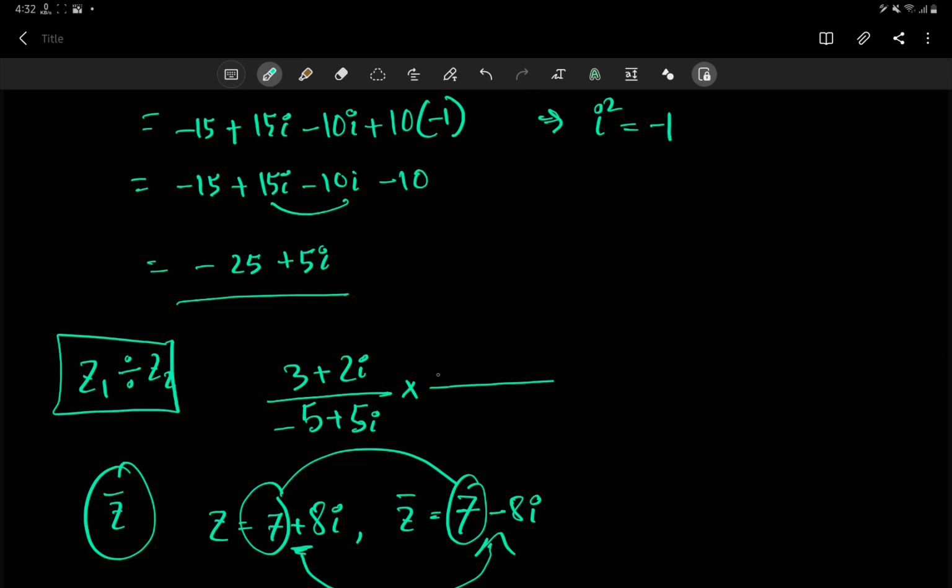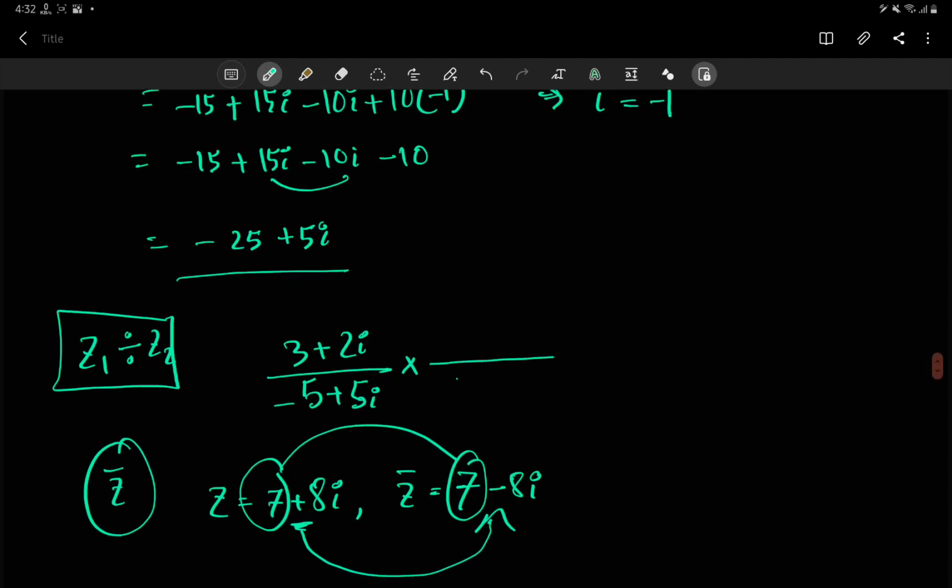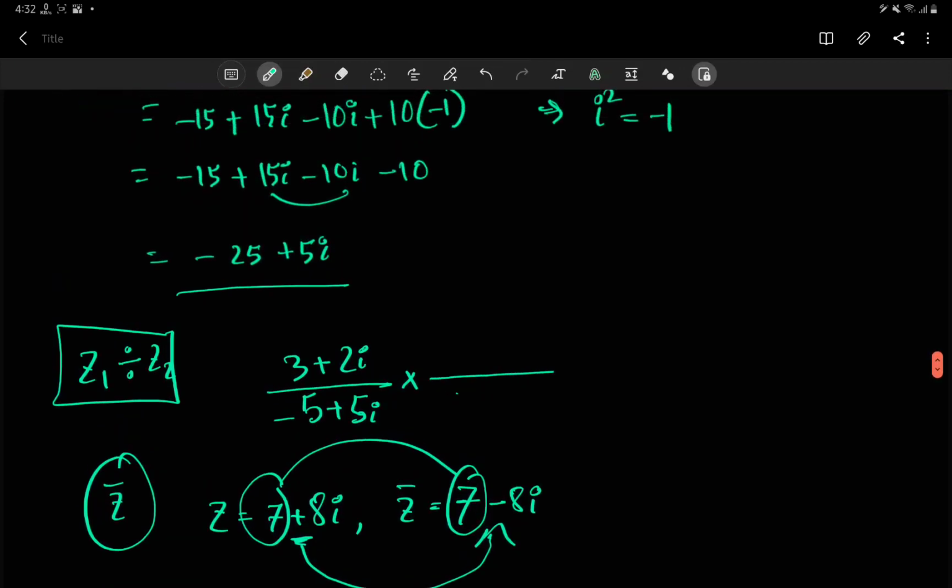Well, for this we multiply by the denominator's conjugate. Okay, so its conjugate is -5 - 5i. We're just multiplying by 1, right? Nothing changed.